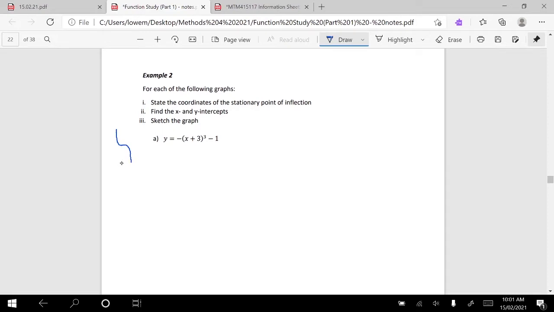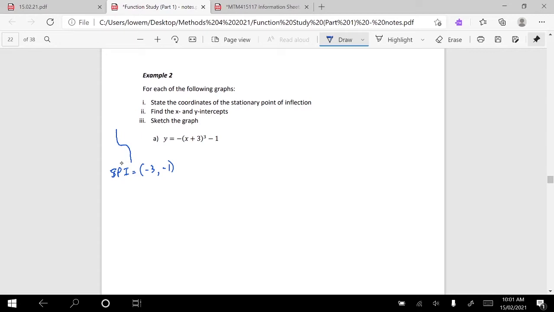We can write straight away what the stationary point of inflection will be: because this is x plus 3, it's negative 3 and negative 1. So it's shifted to the left 3 units and down 1 unit.